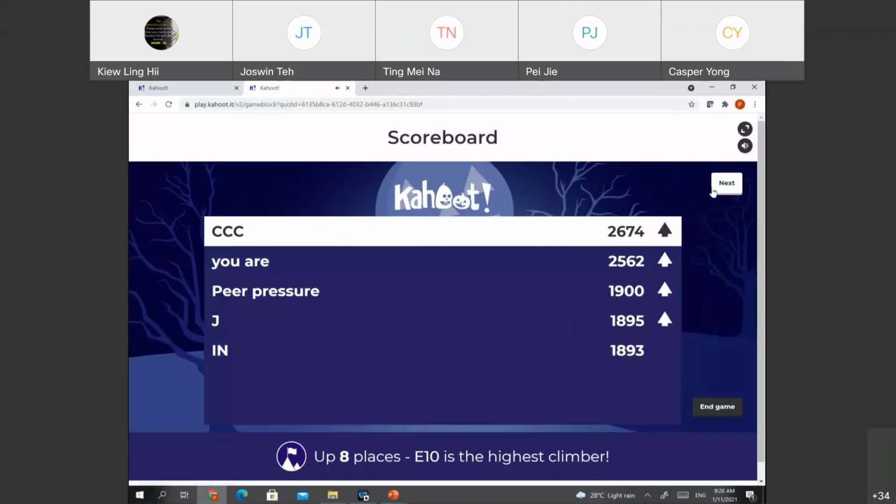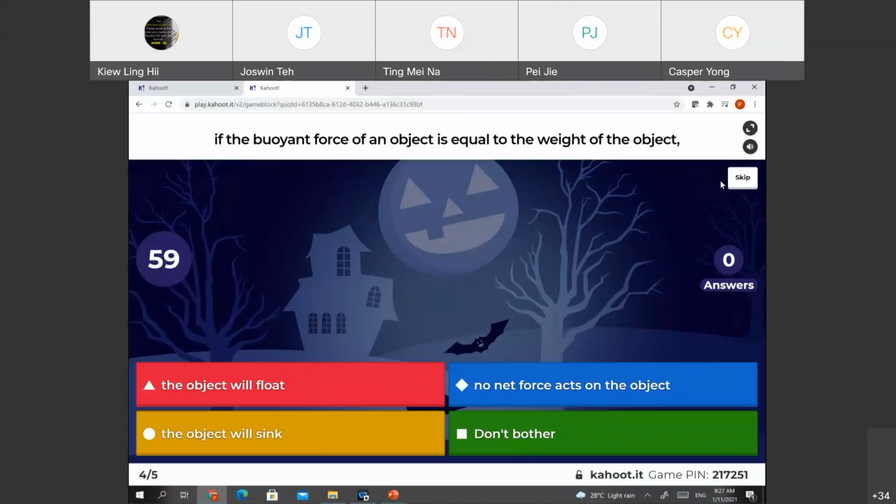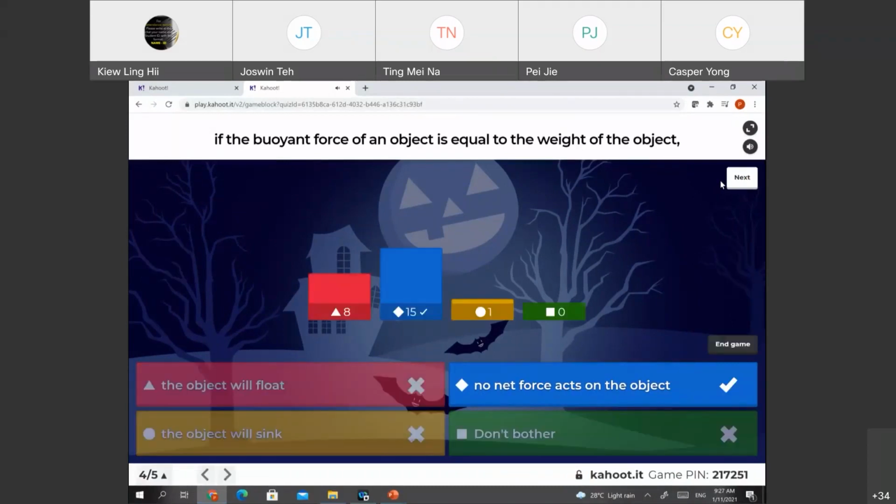Uh-oh. CCC took over winning. If the buoyant force is just equal to the weight of the object, then from our free body diagram, no net force is acting on the object.